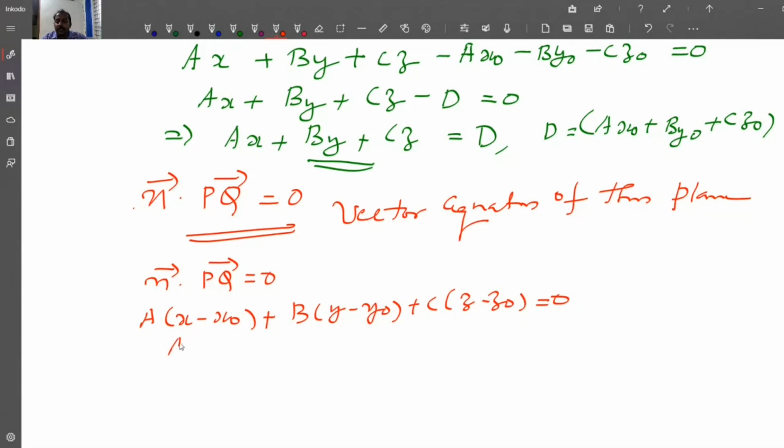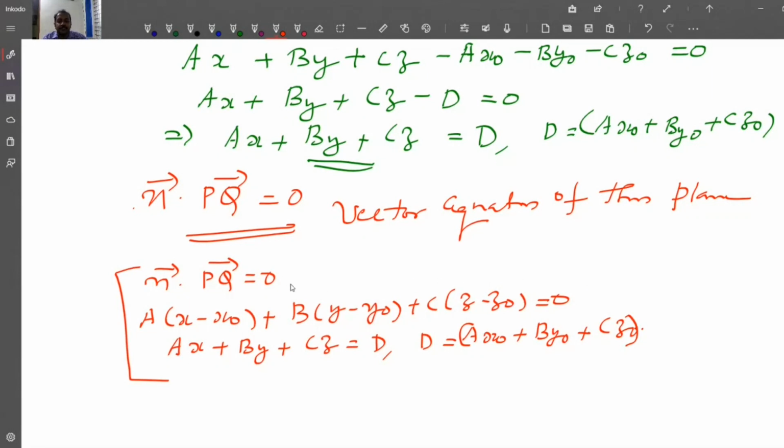And you have another one, ax plus by plus cz is equal to d, where d is ax naught plus by naught plus cz naught. So these are the three equations which represent a plane, and this is known as the vector equation, and this is known as the general equation, and this is also a general equation, the simplified form.